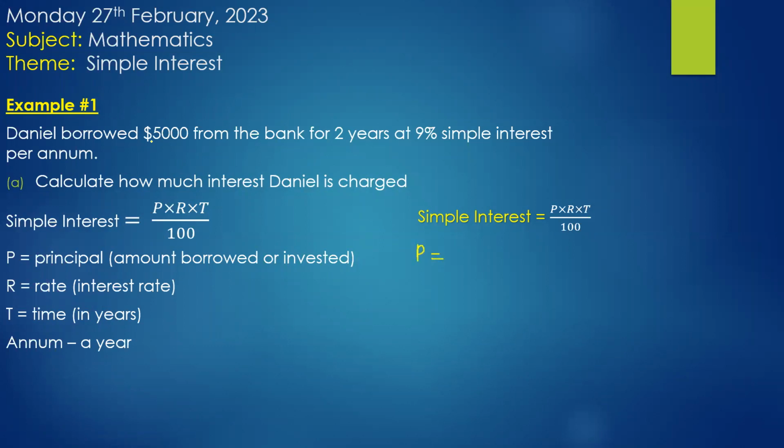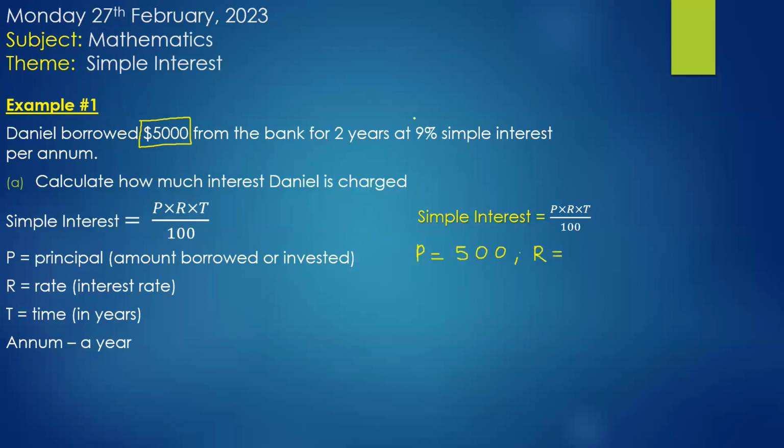Yes, P is 5,000 because that's the amount that is borrowed. What is R? 9.